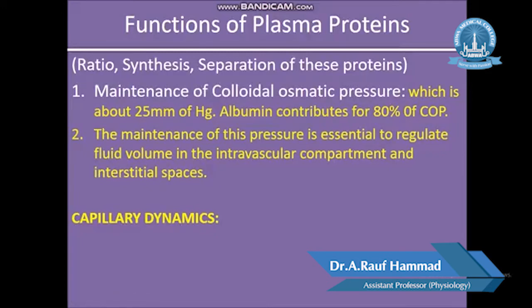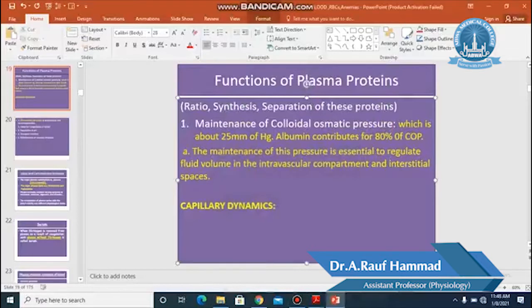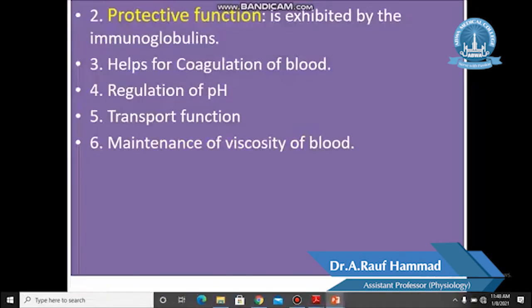So the first function of the plasma protein is maintenance of colloidal osmotic pressure, and number 2, protective function. Protective function is exhibited by the immunoglobulins, gamma globulins.